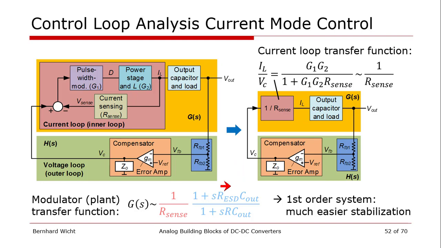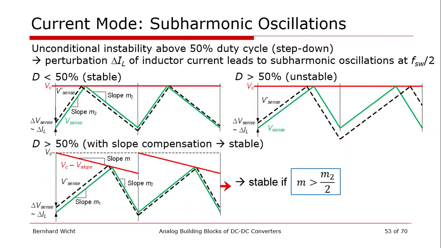In the end, there's no free lunch. We still have some interesting challenges for current mode control, related to perturbations we may get depending on our conversion ratio, on the duty cycle. There may be some disturbances that go up and down with a frequency which is half the switching frequency, and that's why they are called subharmonic oscillations.